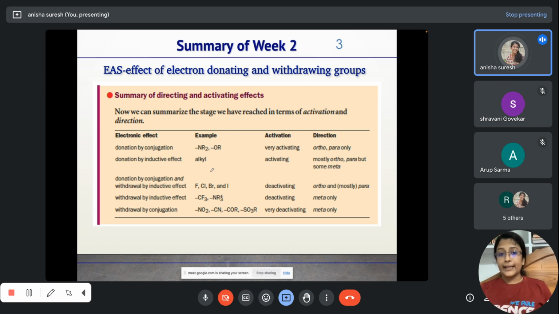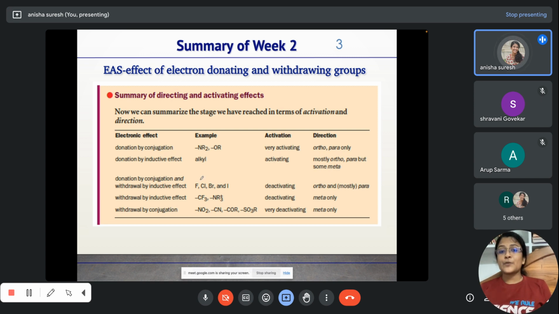In the case of alkyl groups like methyl, secondary alkyl or tertiary alkyl, which donate by inductive effect, they are activating in nature. They mostly undergo ortho and para substitution, but in some cases meta substitution will also take place.